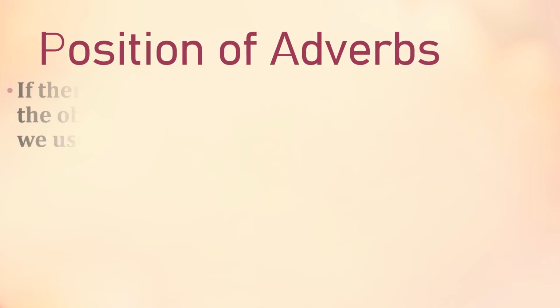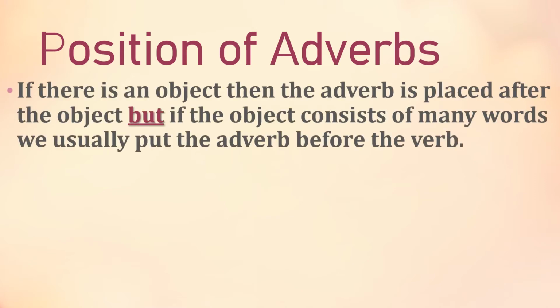Point number 2. If there is an object. What is an object? Object is a receiver of action. So if there is a receiver of action in the sentence, then the adverb is placed after the object. You just have to put the adverb after the object.